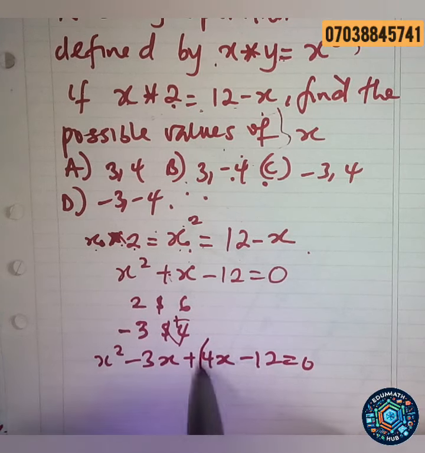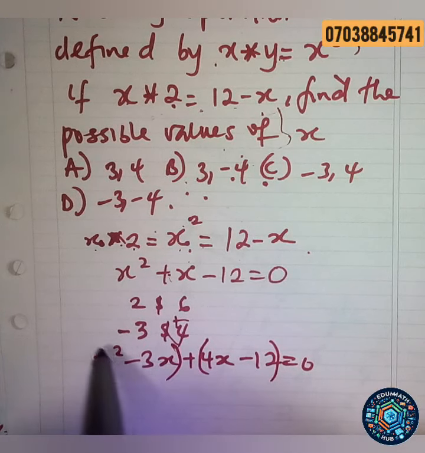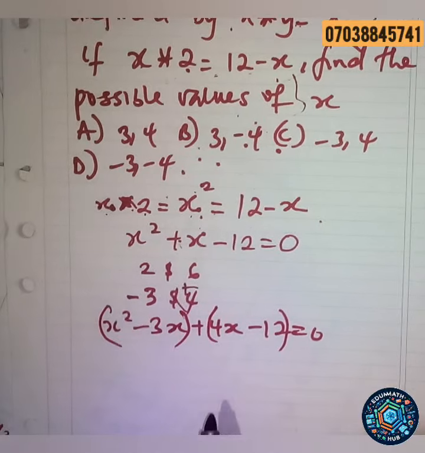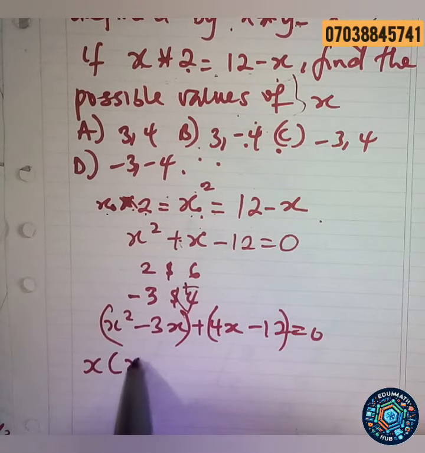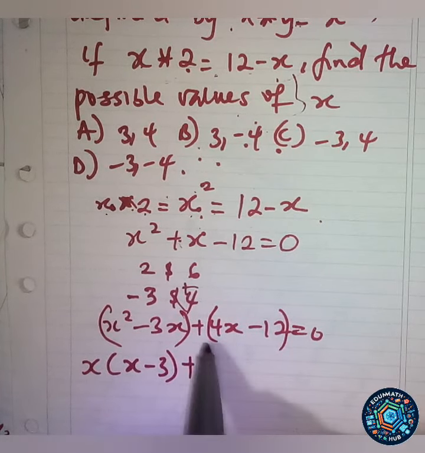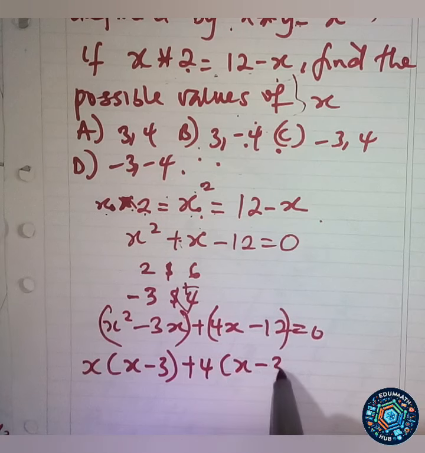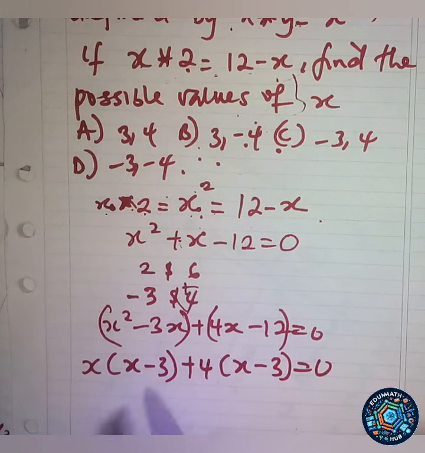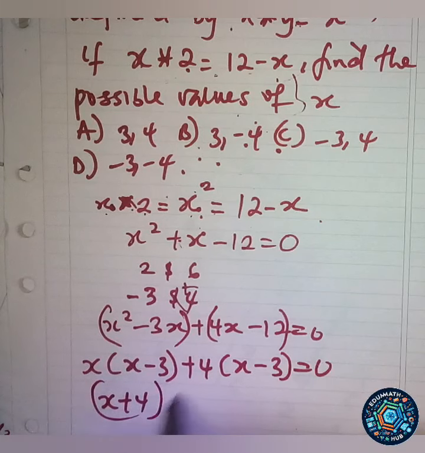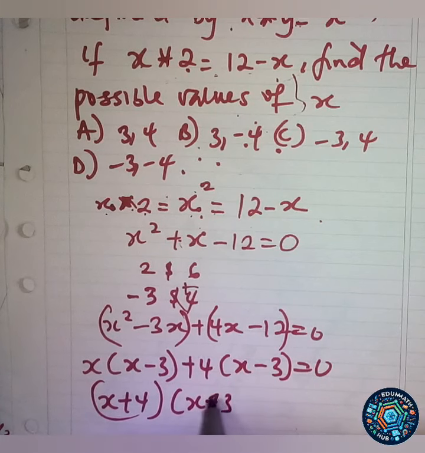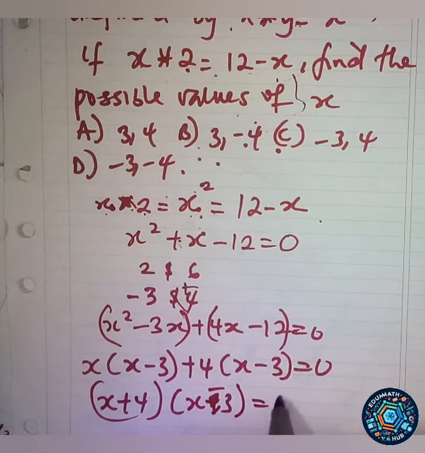Then you bracket it like this. You factorize. x is common, x minus 3; 4 is common, x minus 3. So you're going to have two answers, either x plus 4, or x minus 3 is equal to 0.